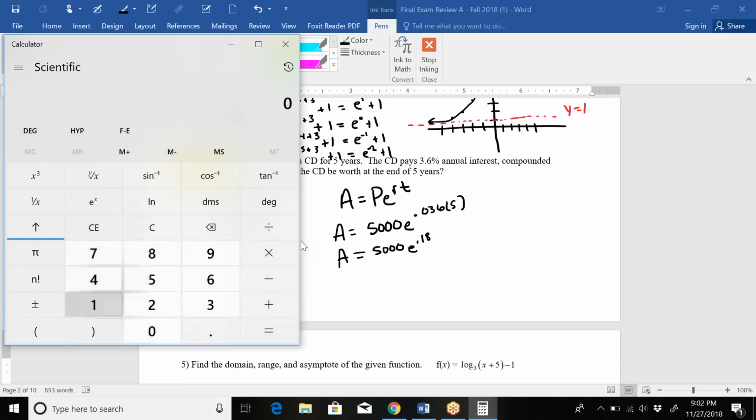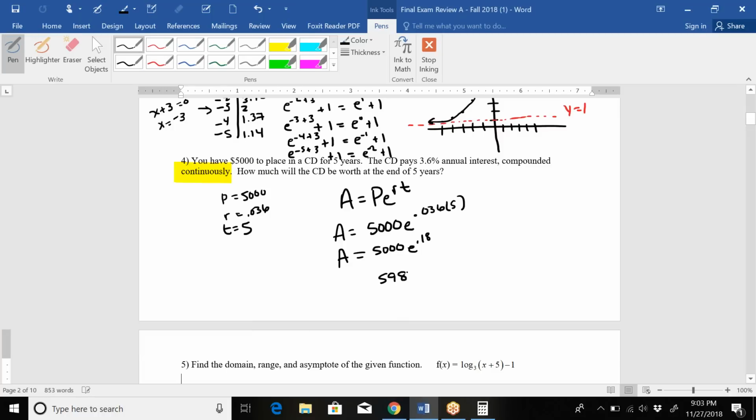So e to the 0.18, and then times that by 5,000. That's 5,986.09. Now, it just depends on if you're rounding to the hundredths or the whole number. We didn't specify in here, so I just went ahead and rounded it to 2 decimal places.